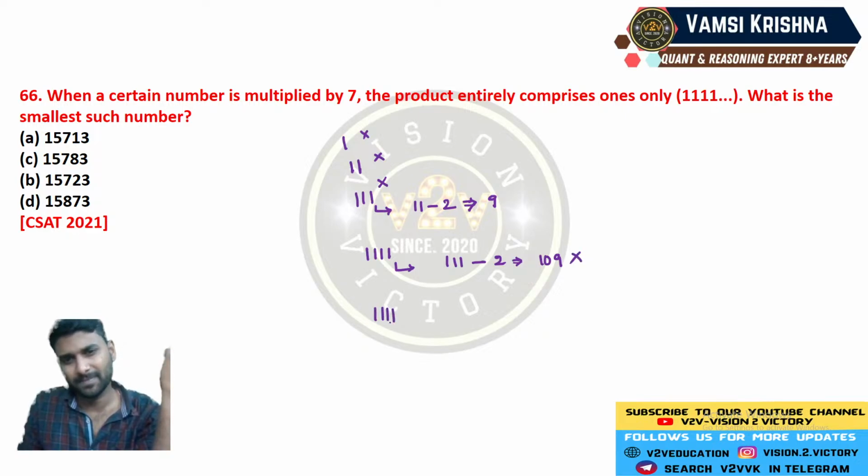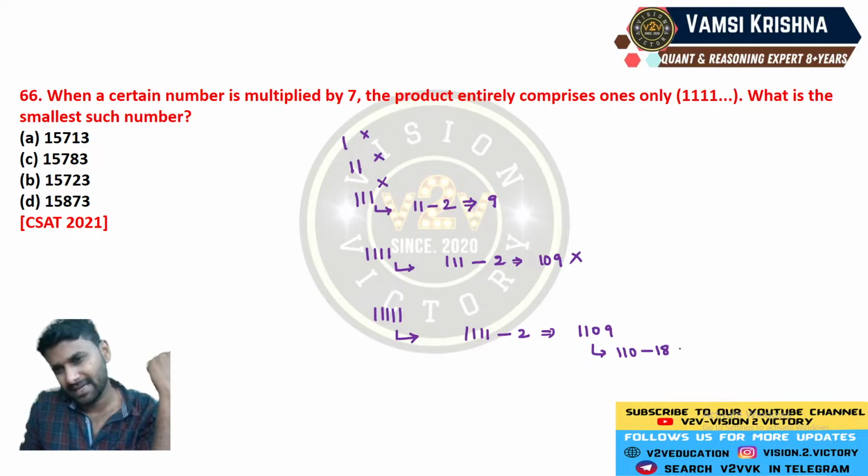5 ones. So 5 ones, we check whether it is divisible by 7 or not. See, 4 ones minus 2 gives 1109. Again 110, double the last digit, it is 18.